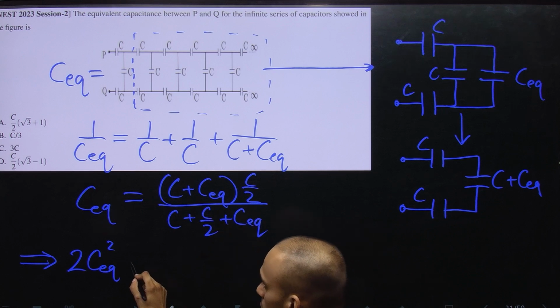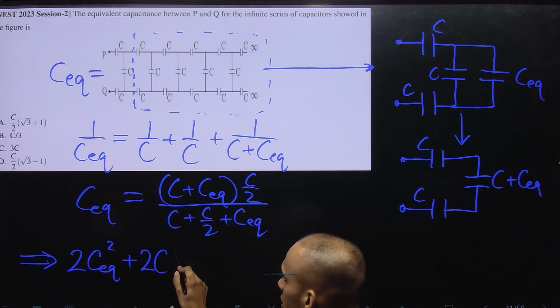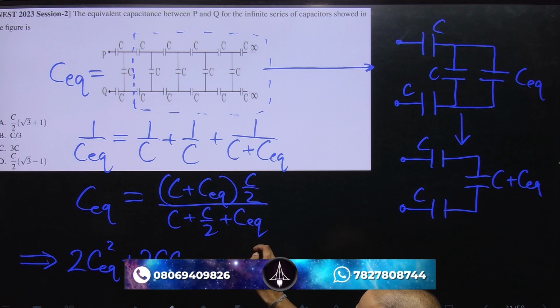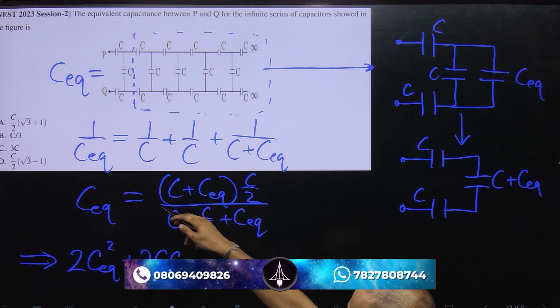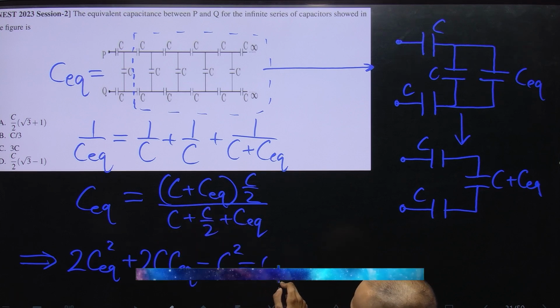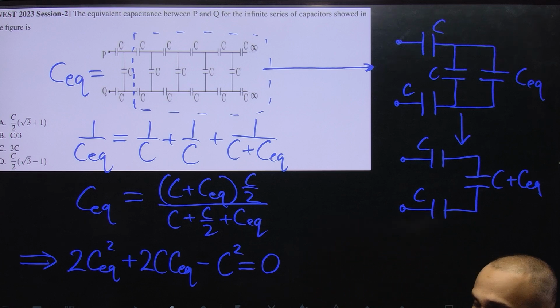That will give us twice of C into C equivalent as the middle term, minus C equivalent square C square, from here only 1, so we'll get minus of C square equal to 0. Again, I used a shortcut to write the quadratic equation, but you will not do this. You will exactly write down all the expressions and simplify this.